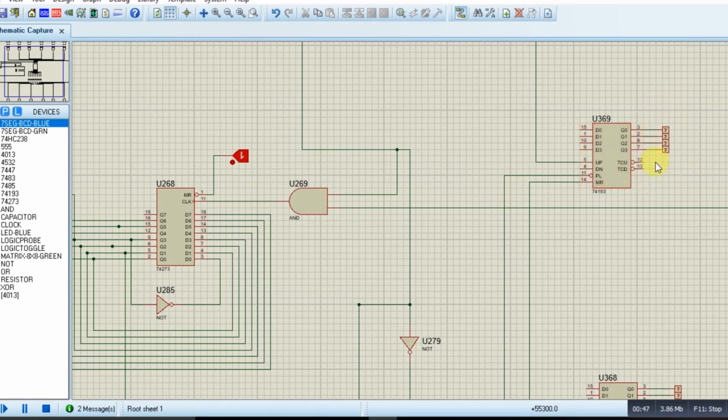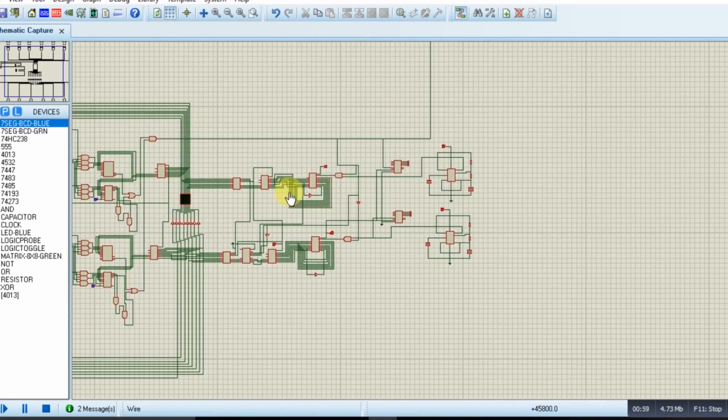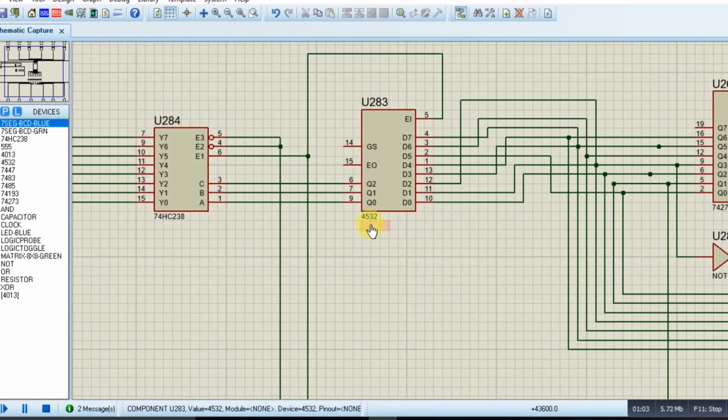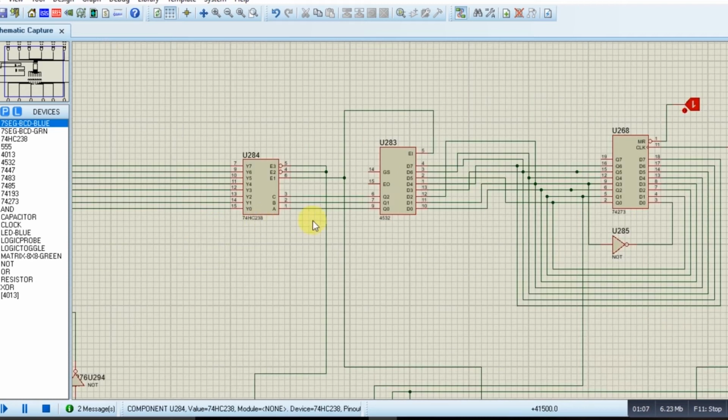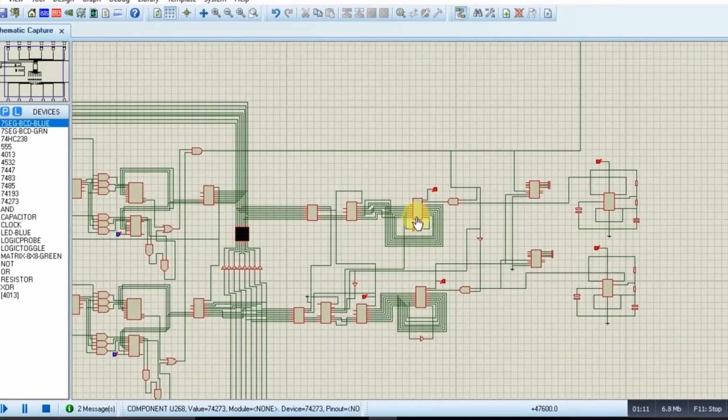So the output of this counter IC gives us a score of the number of times the snake has eaten the food, and this counter IC gives us the number of times the food has changed by itself. And in this circuit we have also used some encoder, that is a 4532 IC, and a 74238 decoder IC, and a 74273 shift register IC. So this is our whole randomizer unit.